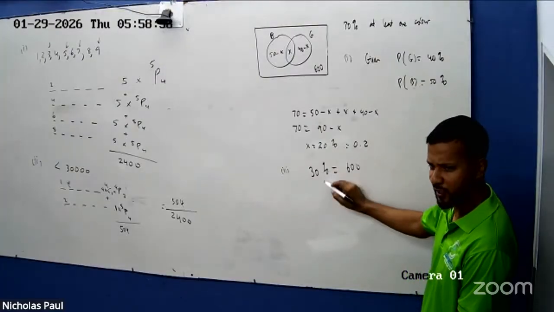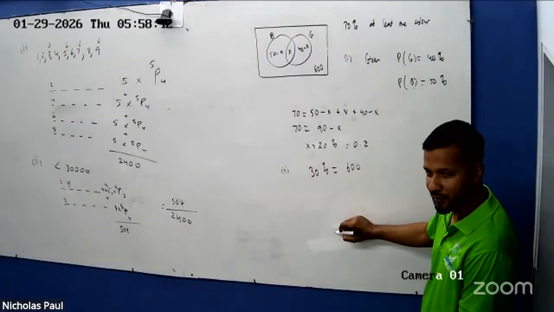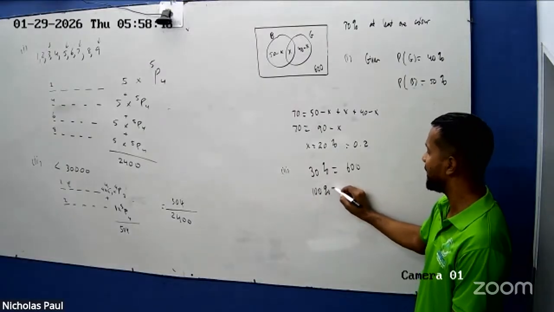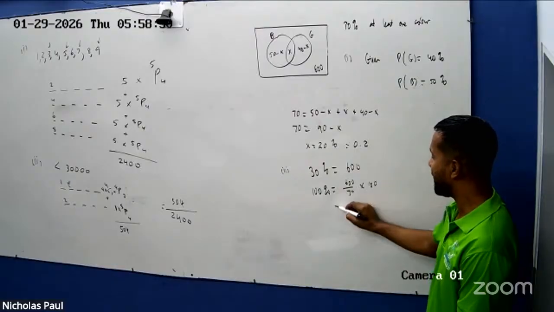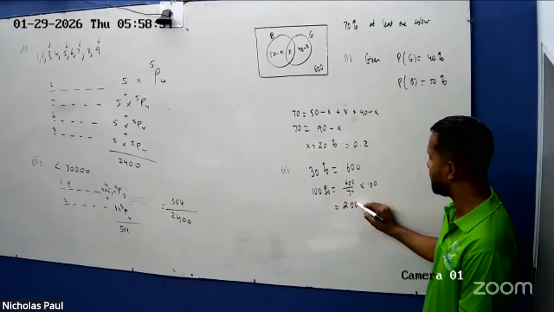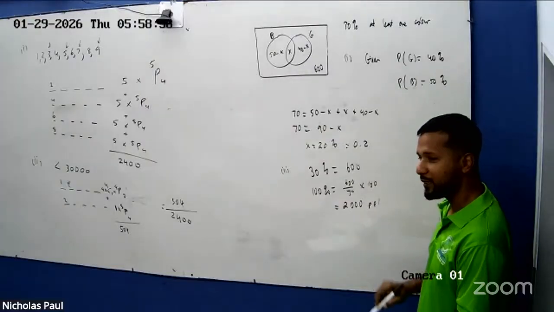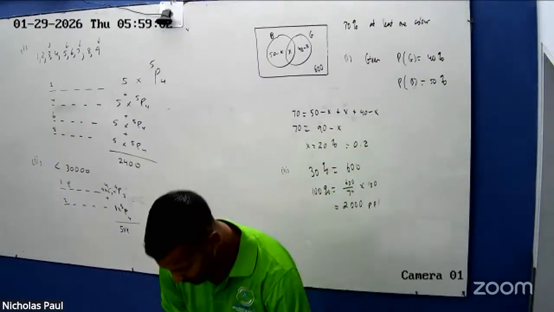What I need to do after is find 1, or find 100 one time. So per 100 now is 600 over 30 multiplied by 100, right? So they end up with how much? 2,000 people. Right? 2,000 people.